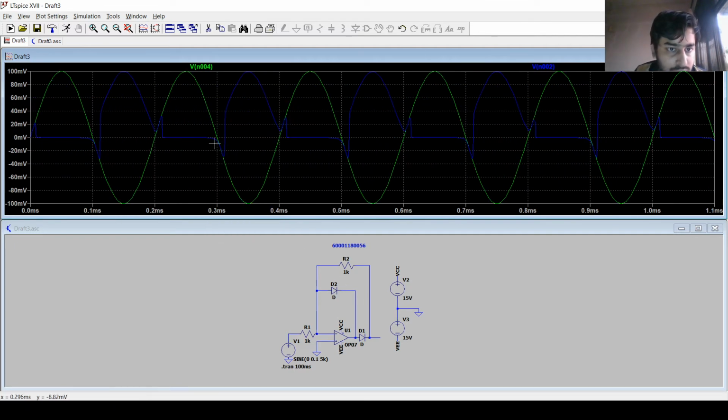The distortion has increased a little bit, but not as much as in the basic half wave rectifier. So this clarifies that the modified half wave rectifier can be used for higher frequencies.